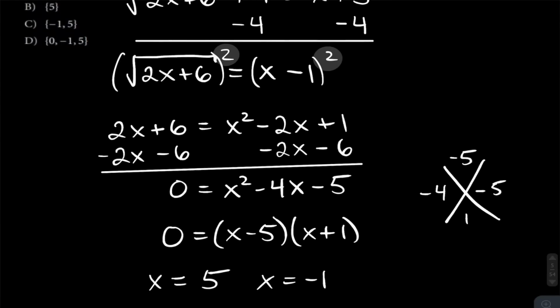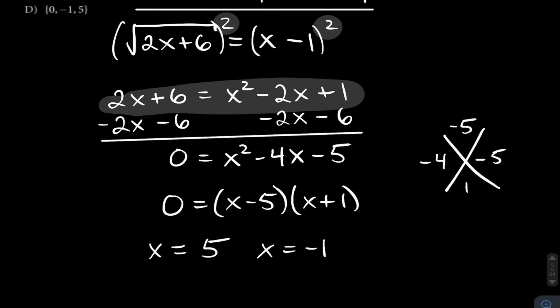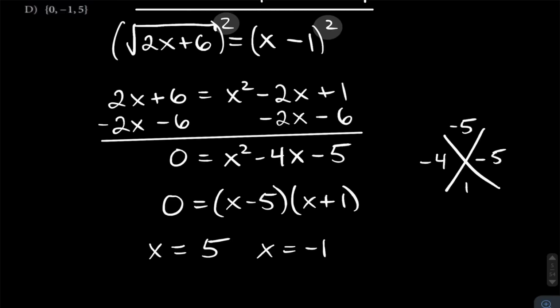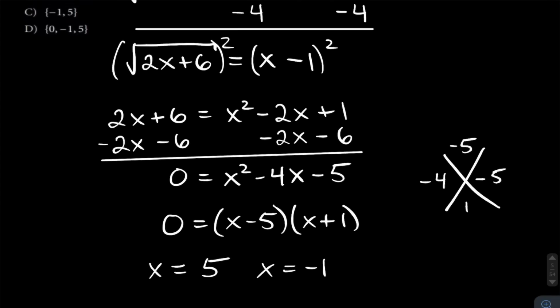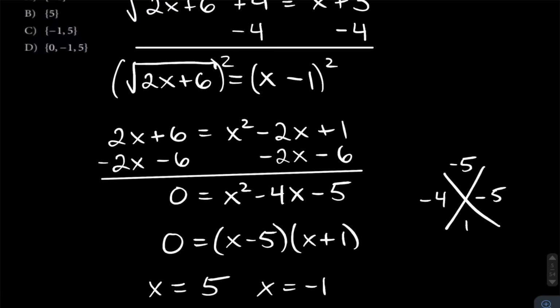Okay? When we square both sides, watch what happens. What we get right here would have been the exact same thing if I would have plopped a negative right here, because the negative goes away with the square, doesn't it? So the equation that these solutions are actually for would be plus or minus the square root of 2x plus 6 equal to x minus 1.